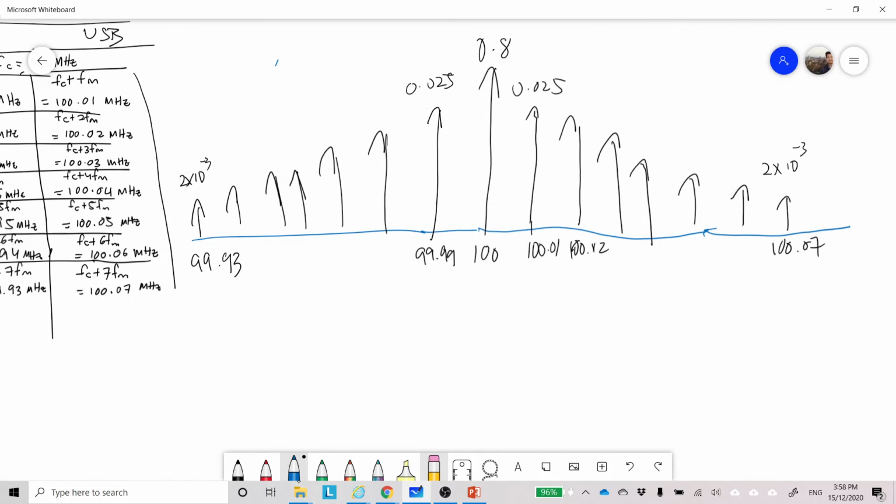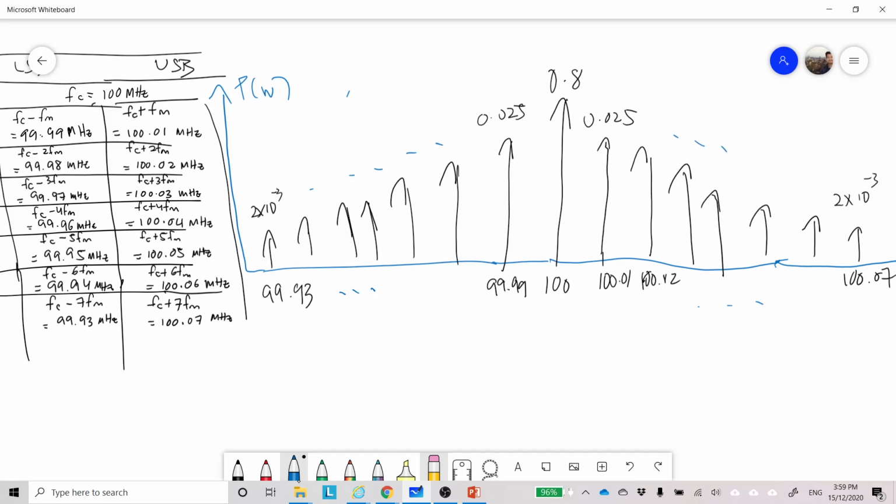So ini adalah dalam paksi power dalam sebutan watt. Okay. So you kena labelkan berapa dia punya power dan juga dia punya frekuensi. Okay, so kena labelkan satu persatu. So saya nak ringkaskan. So ni you boleh cuba sendirilah. So daripada table, jadikan dia frekuensi spektrum, yang mana the value is for power versus frequency.